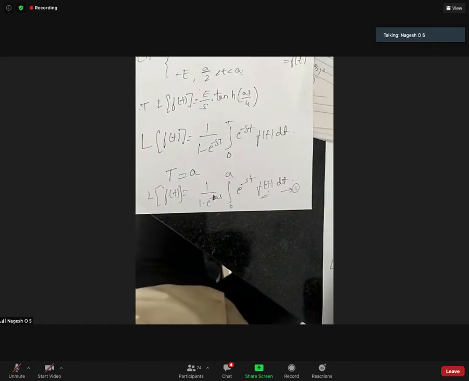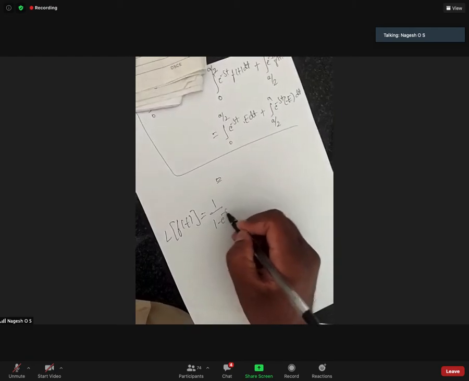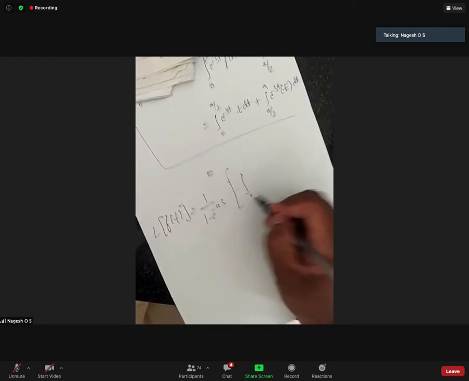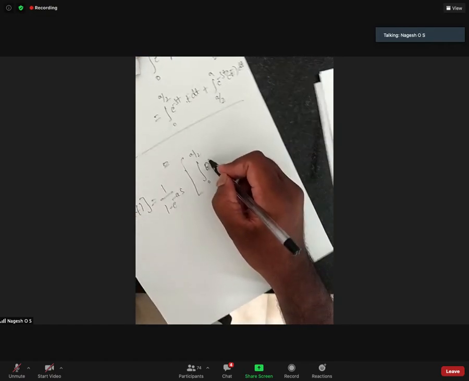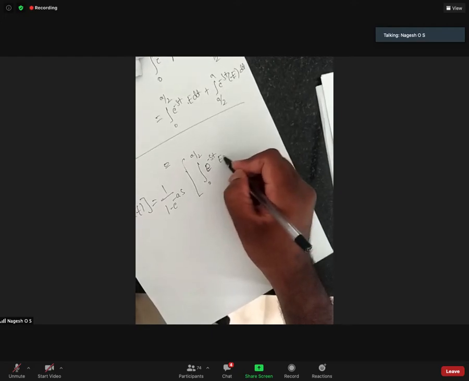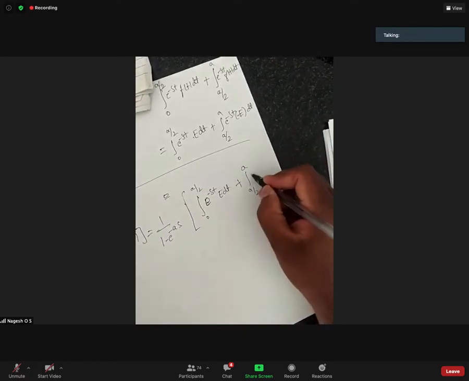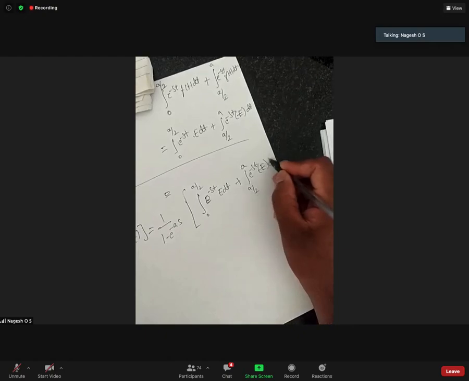So L of f of t equal to 1 by 1 minus e power minus as, 0 to a by 2 e power minus st e dt plus a by 2 to a e power minus st minus e dt.